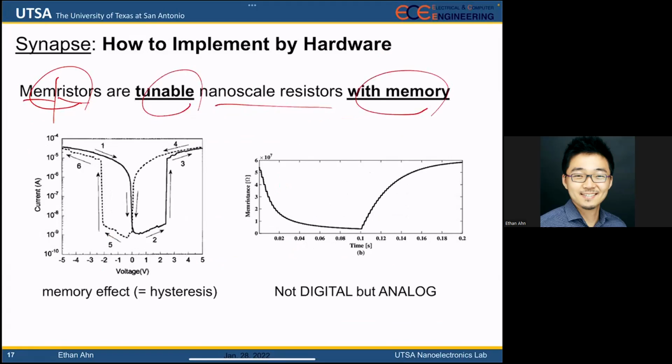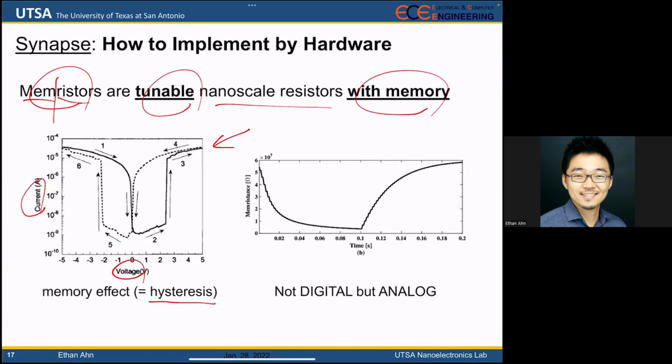What does memory mean? Look at this curve. When you say memory effect, usually when you have physical characteristics such as an IV curve, you have to have what's called hysteresis. What does hysteresis mean?